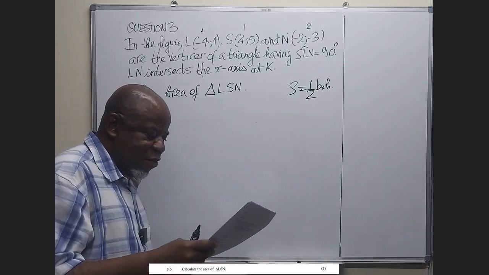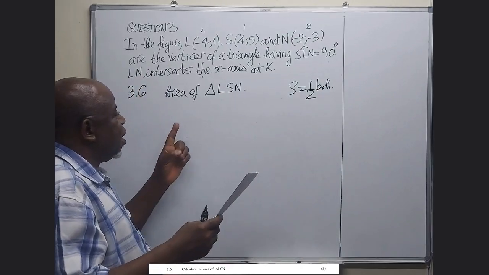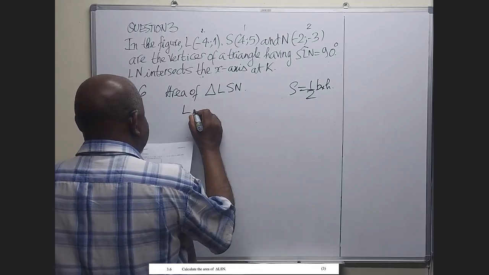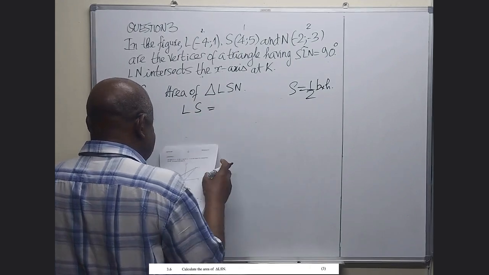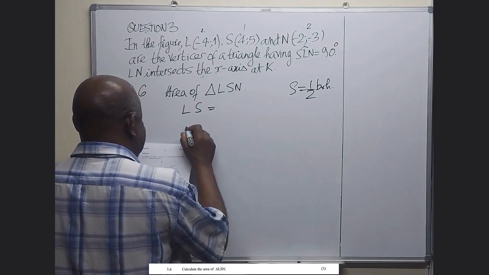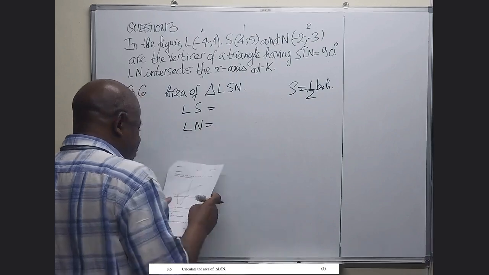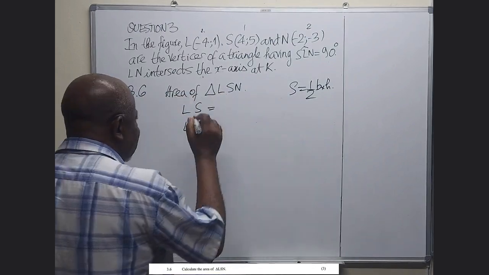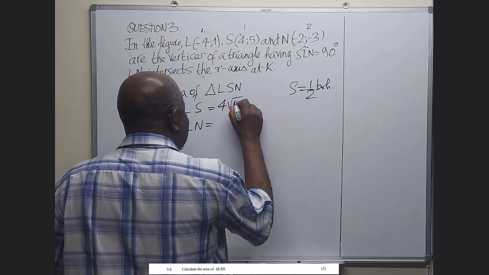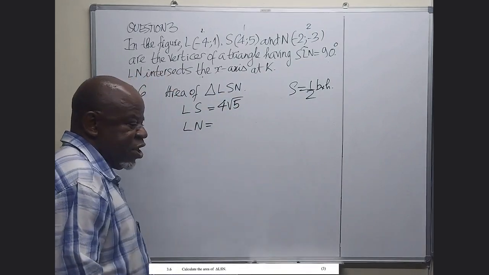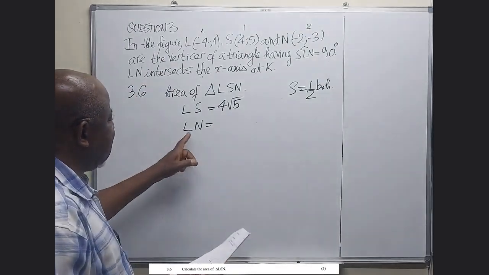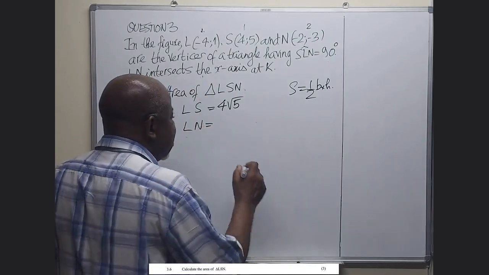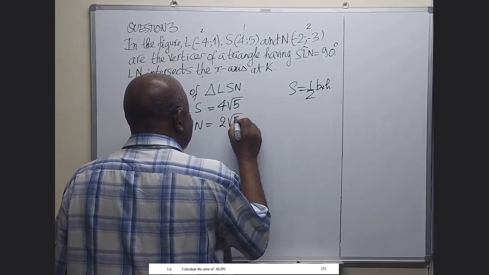So if we consider our triangle LSN, we're going to consider the side LS to be the base and the side LN to be the height. We know that SL, we have already calculated, was 4 square root of 5. And if we calculate the distance between L and N using the same formula, we will get that LN is equal to 2 square root of 5.